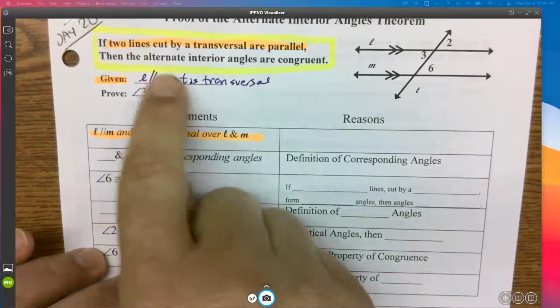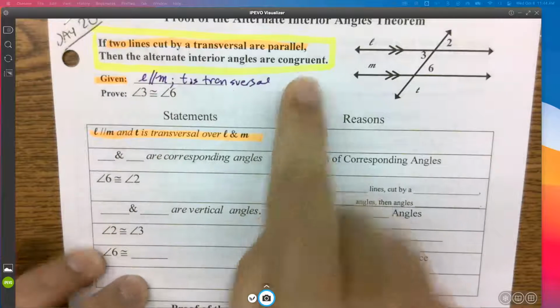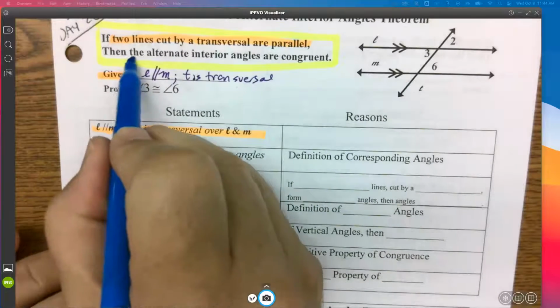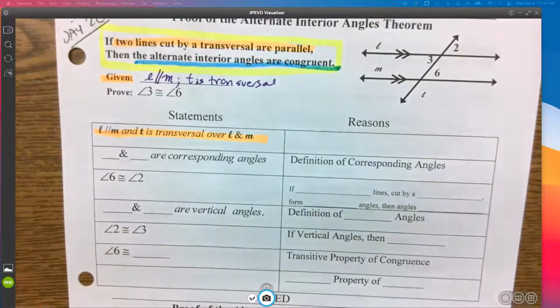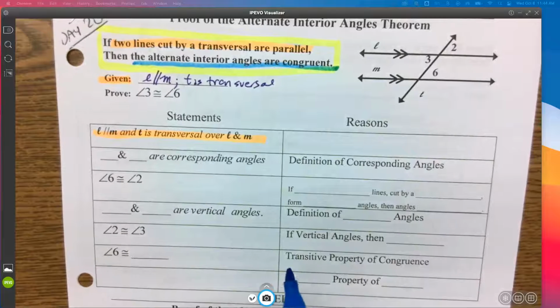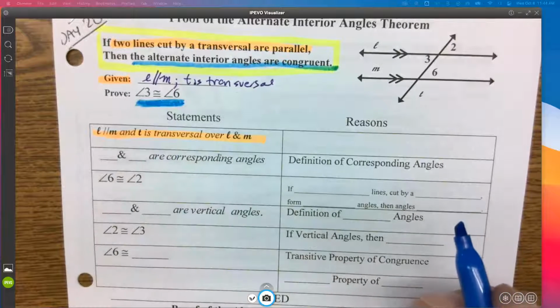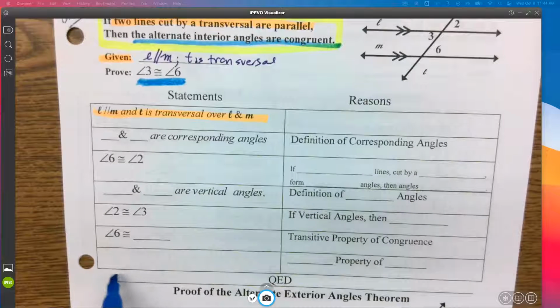In other words, it sets up the scenario that this is the world we're operating in. Now we have to prove that alternate interior angles are congruent. In other words, the conclusion of our theorem is going to be the same thing as what we get in the last step.